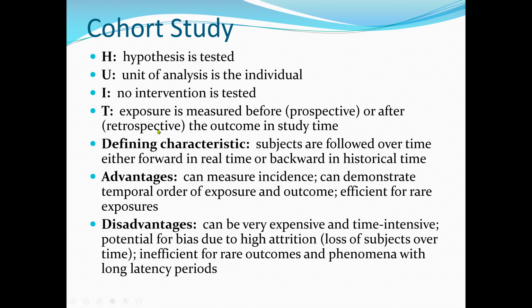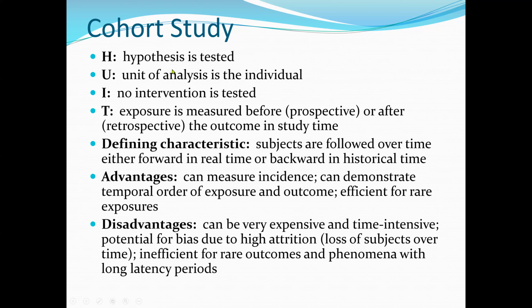Retrospective means the subject already has the case, so we have to look back in time, say a year or 2 years, at what the behavior of the person was before it had the case. Prospective, we look at the future: what the subject is doing and what will happen as the effect of the exposure.